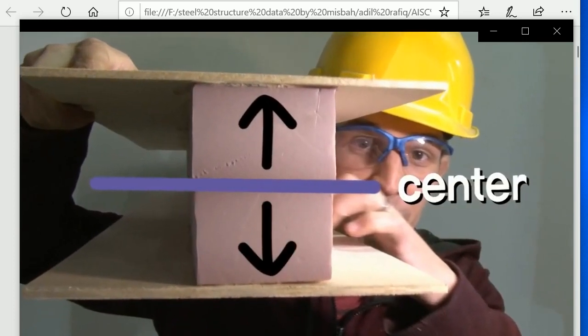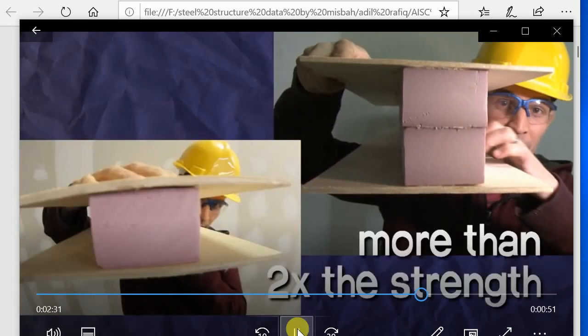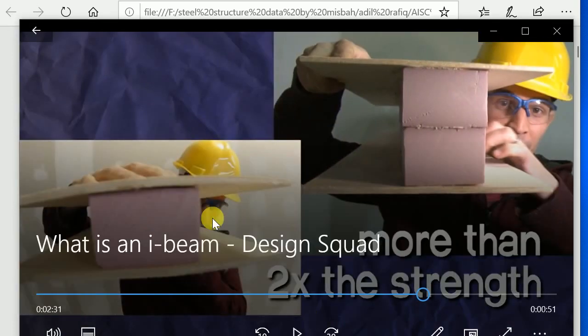This is the principle which I want to show you, that you see how the distance affects it. You see here, there is the neutral axis, the distance is small, but here, as they increase the distance, they say that it will take two times more load than in this case.